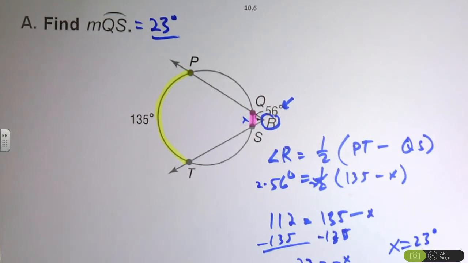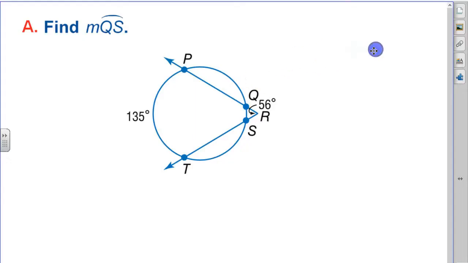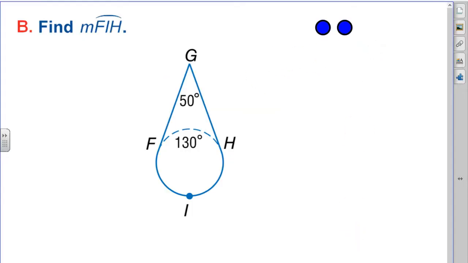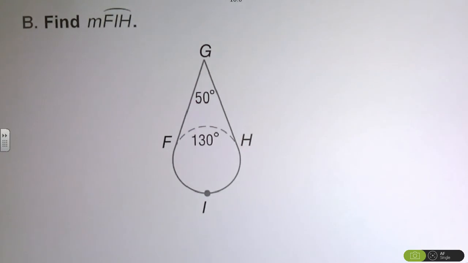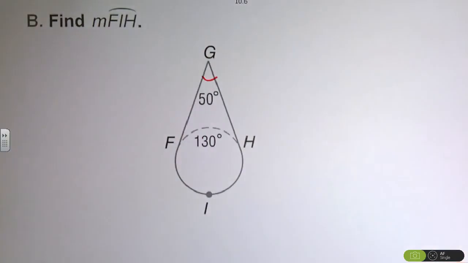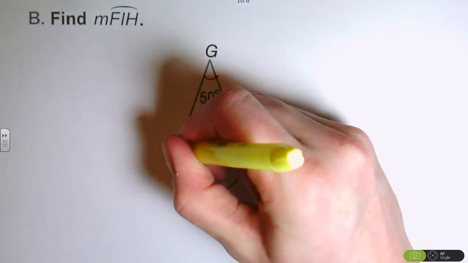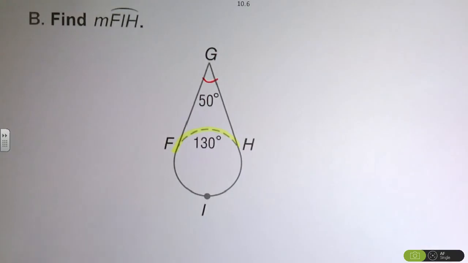Okay. All right then, last example. So we're trying to find the measure of arc FIH. Well, again, just like that last example, this time the angle we're looking at, the secants form to, is outside the circle. So here's the deal. I know this angle, 50 degrees. Here's one of the arcs it forms, 130.